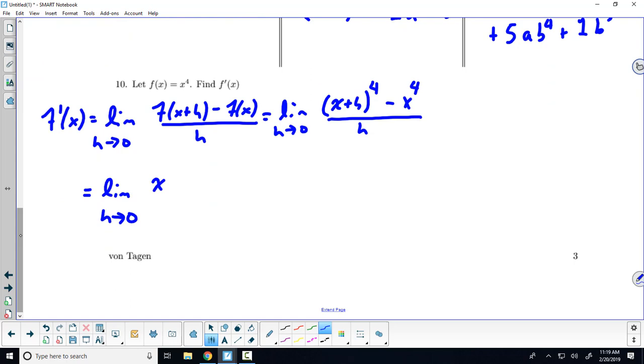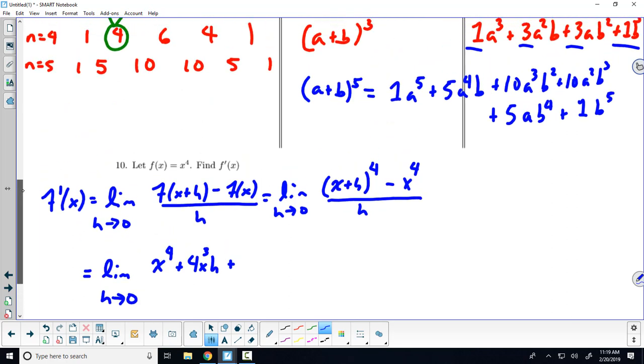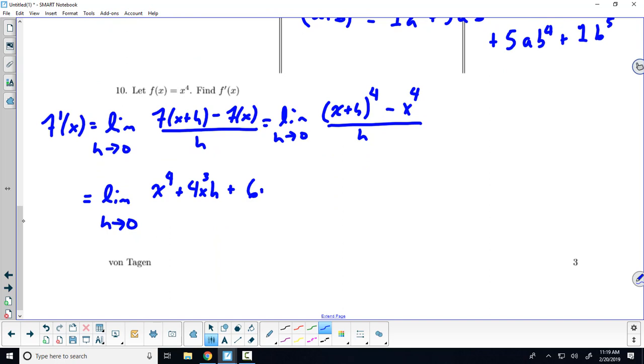So we get x to the 4th plus 4x to the 3rd h plus 6x squared h squared plus 4xh cubed plus h to the 4th. That's all of this raised to the 4th power, minus x to the 4th. Let me put parentheses around that so you see that.